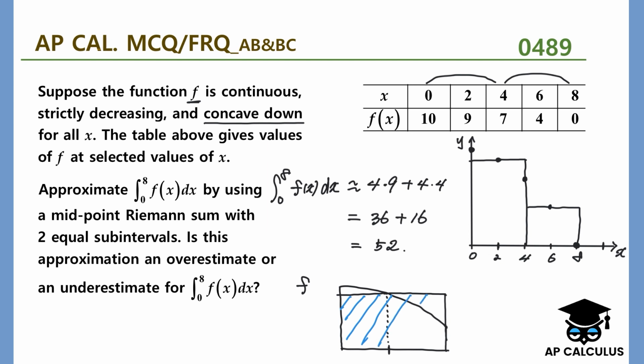This area. And as you see, this approximation is greater than the actual area under this curve, which is the definite integral, right? So if f is concave down, and if we use midpoint Riemann sum, that's gonna be overestimate for this definite integral. Okay?